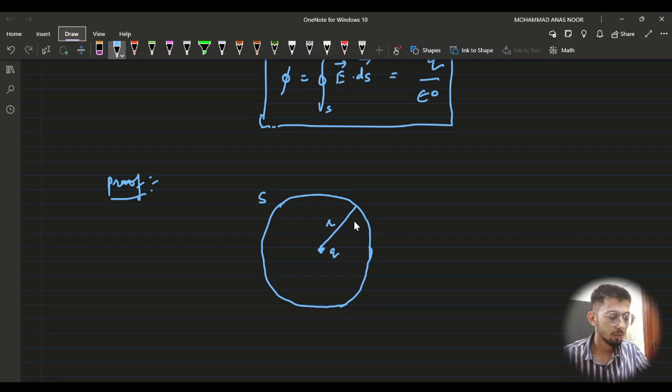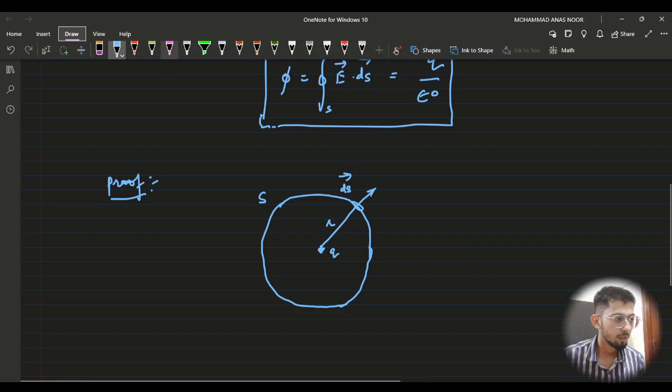Now what we do is, because this whole surface is S, we can assume a small surface ds, and this ds direction will be outwards. Now another thing is that due to this charge q, there will be electric field, isn't it? This charge will generate electric field.